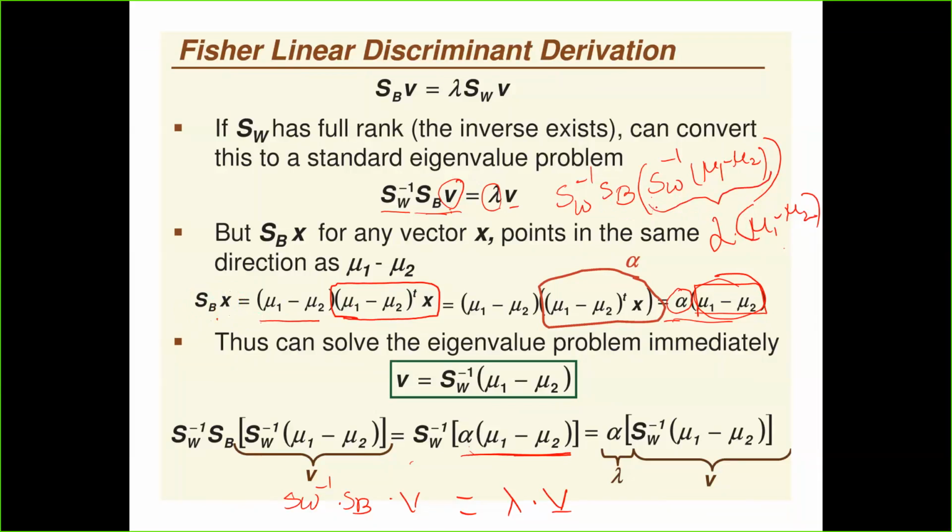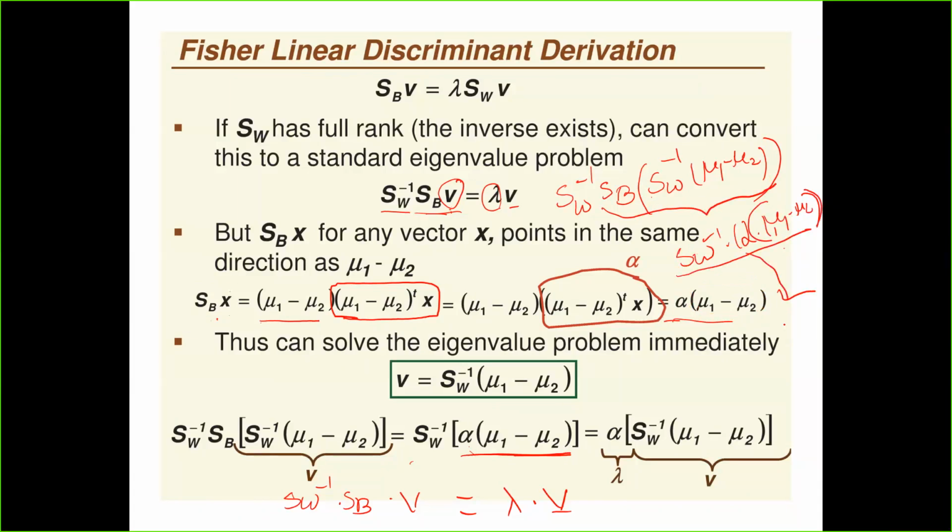What happens when you multiply this vector with SB? It will be in the same direction as mu1 minus mu2. So instead of writing this thing, I'm just replacing this with SW inverse alpha times mu1 minus mu2. Can I do it, sir? Using this property that we have proved here. Can I do it, sir?